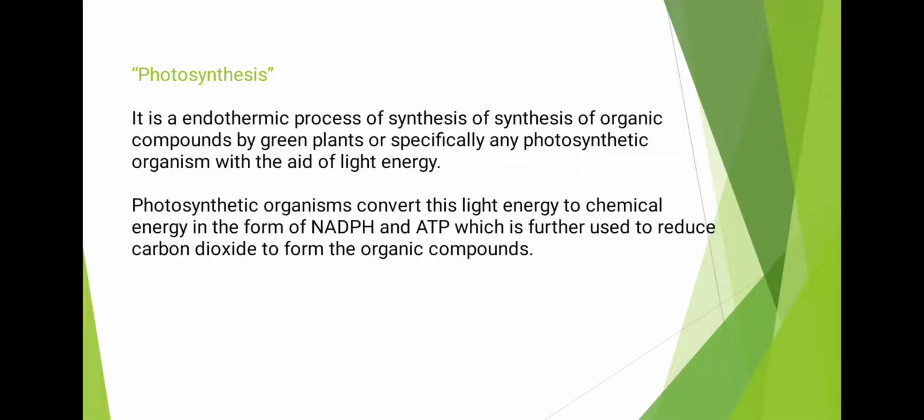Photosynthetic organisms convert this light energy into chemical forms of energy, in the form of NADPH or ATP, and this is further used to reduce carbon dioxide to form organic compounds. This step is also known as the carbon fixation step. We will study it in detail.